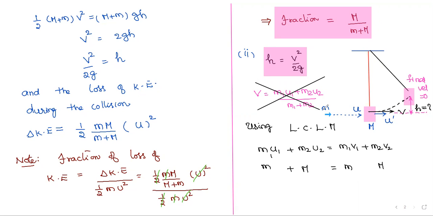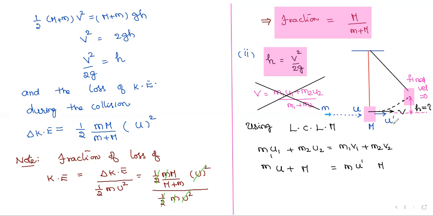And here U1, before the collision, its velocity is U. And take care, after the collision, for the first particle V1 has some velocity, that is U dash. You have to substitute here. I think you understood.